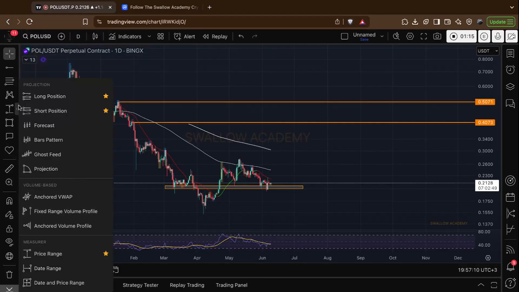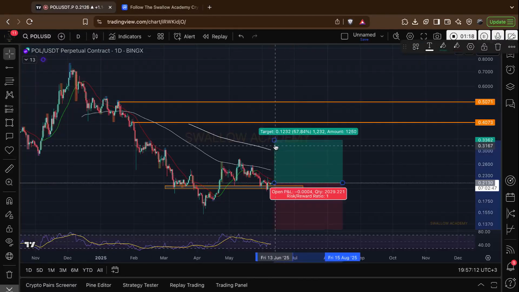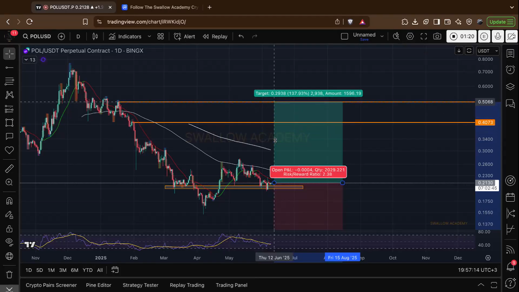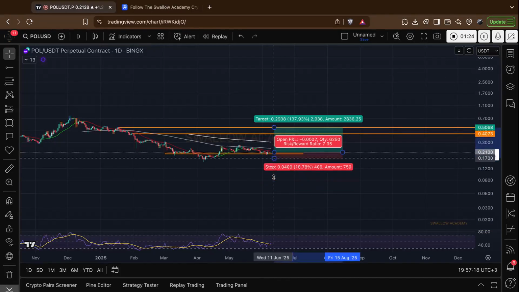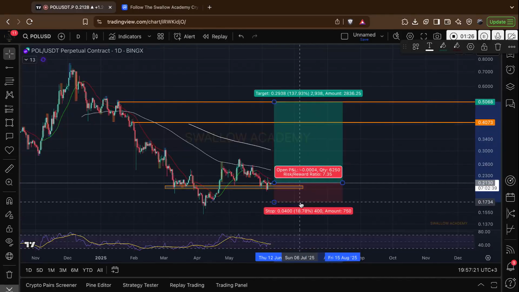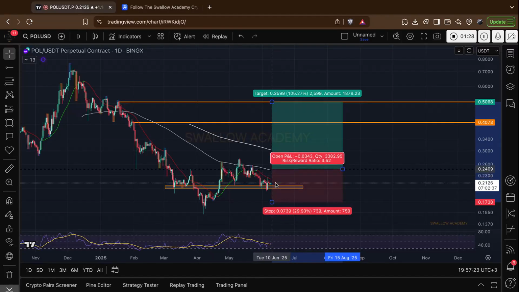So before we go to the smaller time frames, we want to see an upward movement to the 50 cents area. An ideal entry for us, of course, would be after breaking this 100-ish or 100 EMA line.